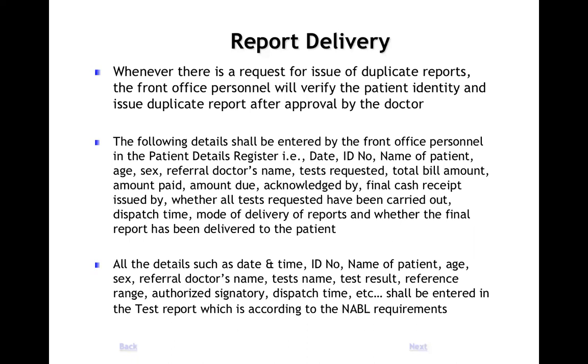In this register you enter all these things: name of patient, age, gender, referring doctor name, test requested, total bill amount, amount paid, and mode of delivery of the report.